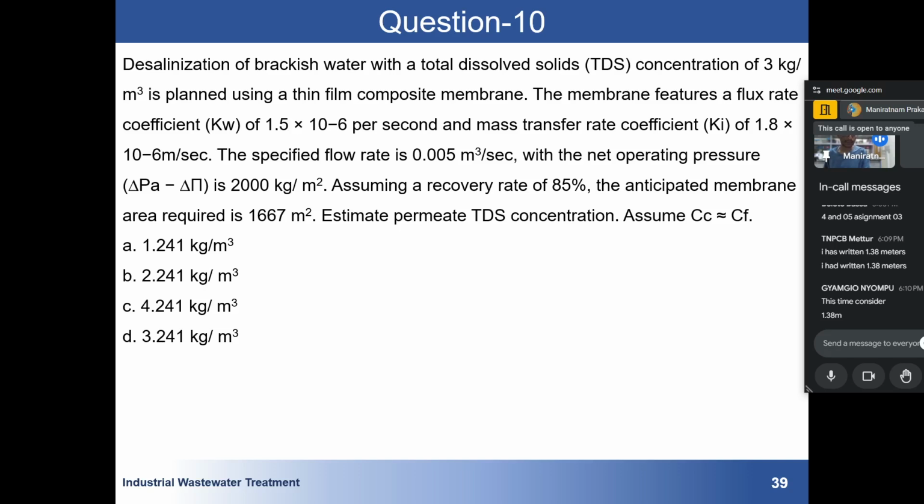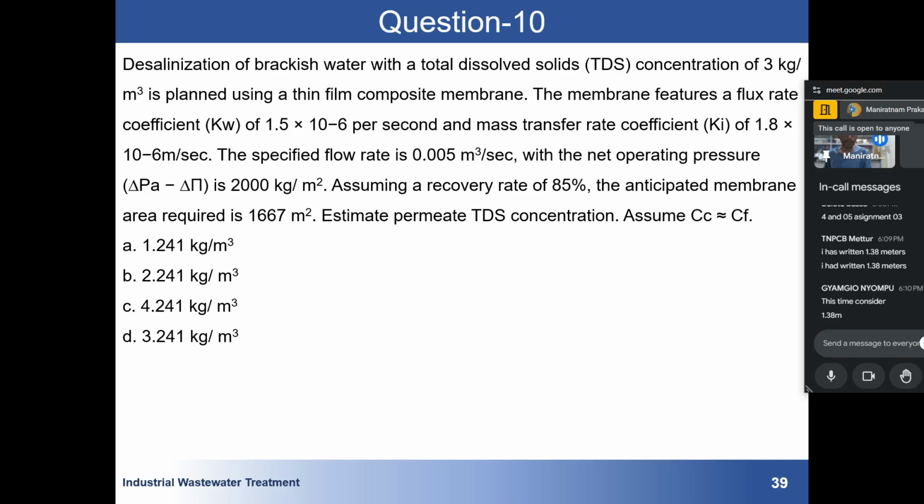Again, see here, this unit is given in meter per second. If that formula requires it, then we'll multiply it with density, but let's see whether that is required or not. Again, the operating pressure is this much. Assume the recovery rate is this percent. The anticipated area is also given.